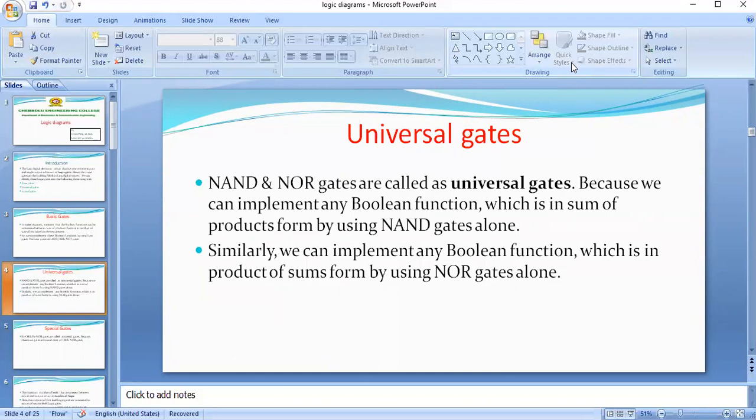We can implement AND gate by using only NAND or by using only NOR. So we can implement basic gates also by using only these universal gates, either NAND gates or NOR gates. That's why NAND and NOR are called universal gates.